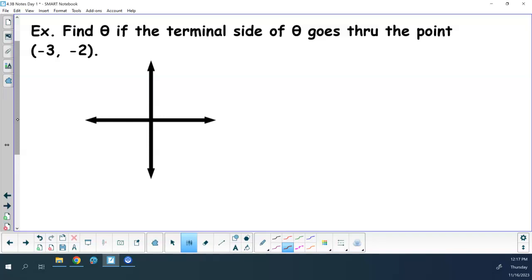First thing that we have to determine is where (-3, -2) is. Where is it? Quadrant 3, right? So we would go left 3 and down 2.